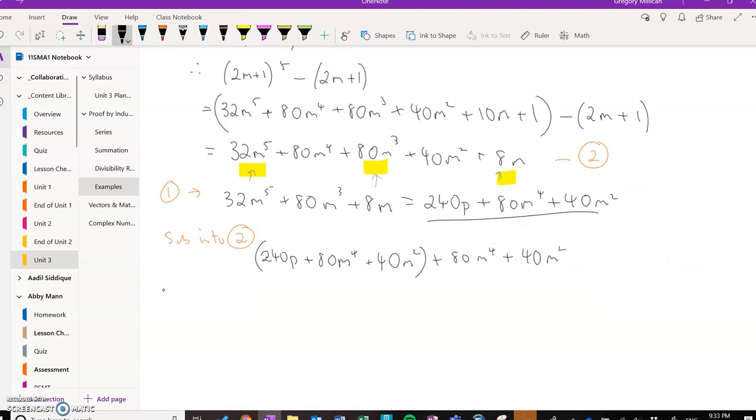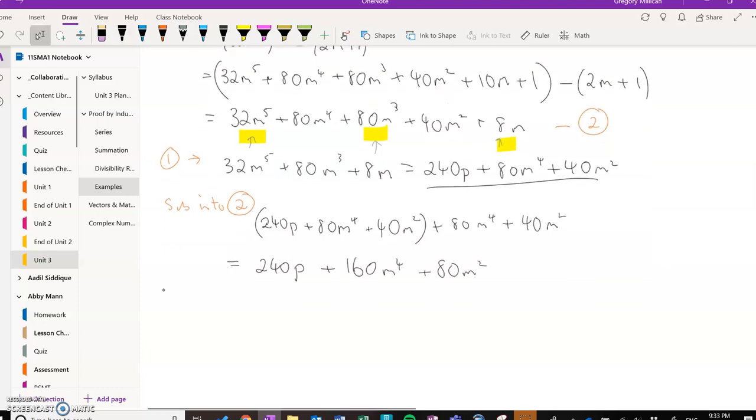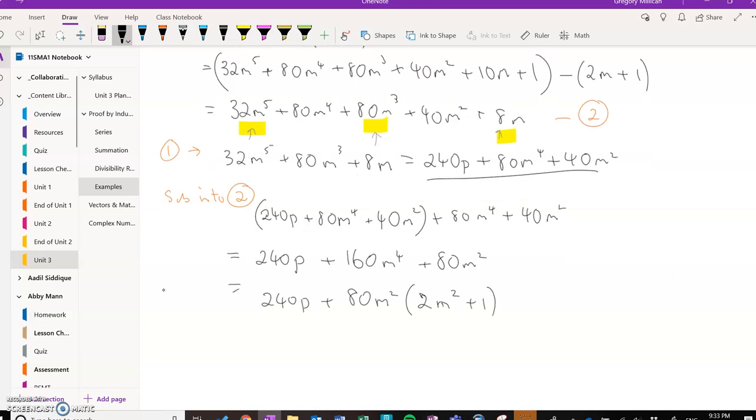If we simplify that a little bit, that's going to be equal to 240p plus 160m^4 plus 80m^2. Now let's take out a common factor of 80m^2, so we're going to have 2m^2 plus 1.